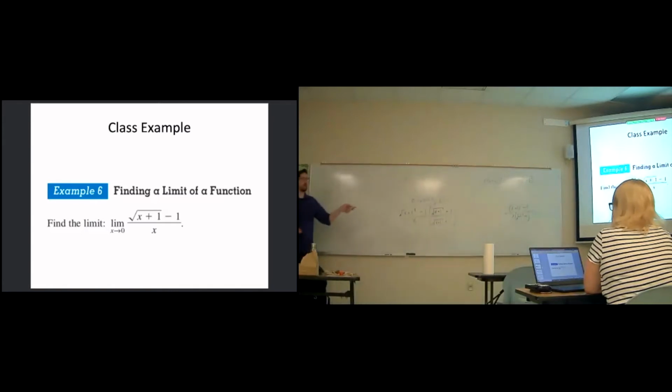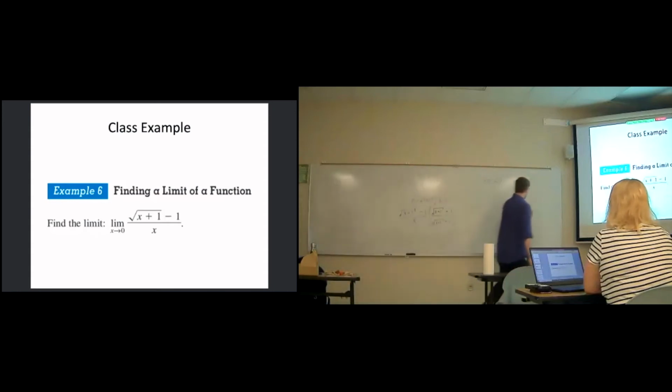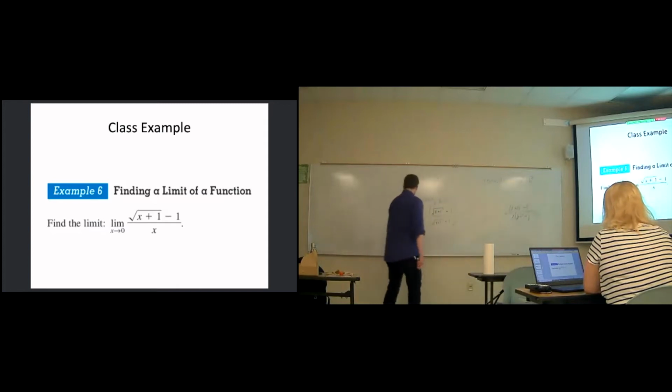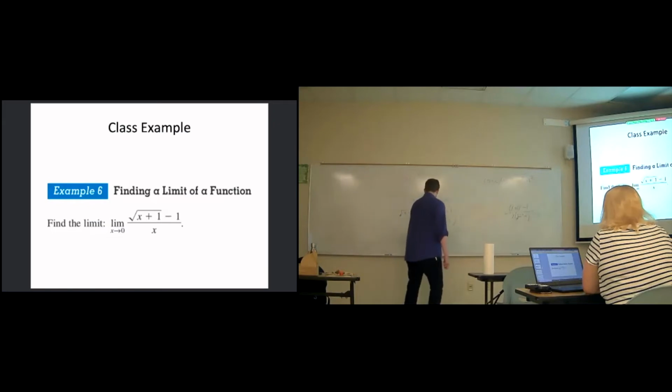But hey, we have some more cancellations, yet again. Now, these x's are going to cancel out, right? So lo and behold, this thing is equal to 1 over the square root of x plus 1 plus 1, whenever x is not equal to 0.